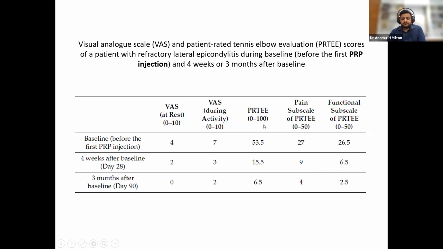And the patient-related tennis elbow evaluation is near about 6.5. And the subscale in the non-functional condition is 4, and when it is functional, it is around 2.5. So every parameter has come down towards normal after doing the PRP, but before the PRP it was so high.